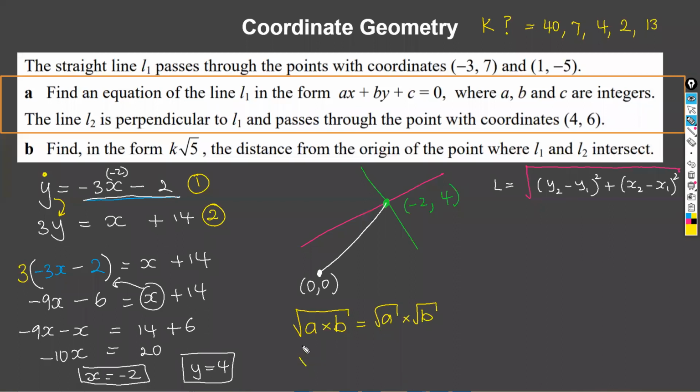So in other words, if you had the square root of, I'm just saying, 13 multiplied by 7 for whatever strange reason, you could rewrite this in maths as the square root of 13 multiplied by the square root of 7. And it would be the same value.